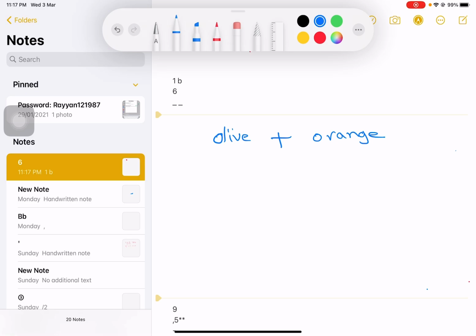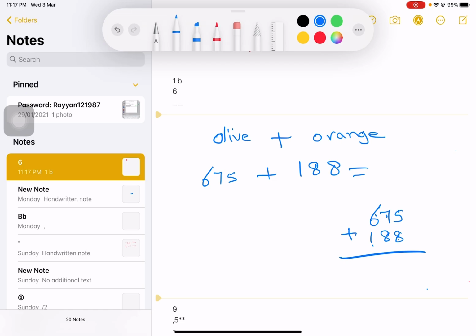How much is the olive? 675 plus how much is the orange? The orange is 188. Of course, I can add them horizontal, or I can put them under each other. If you want to align the digits under each other, it will be 675 plus 188.